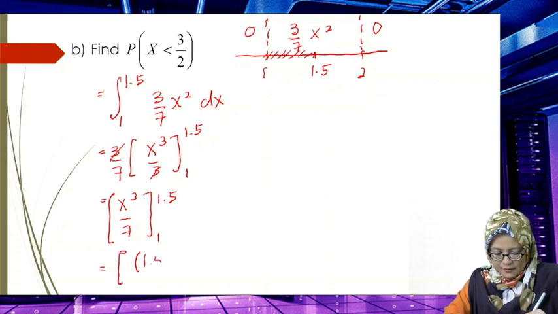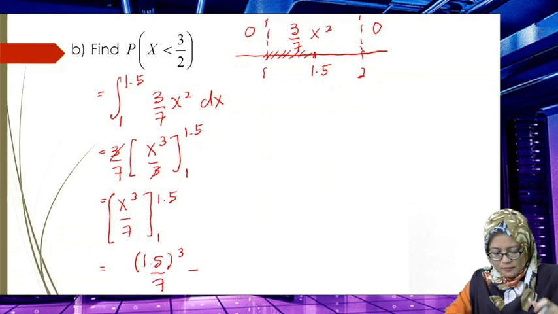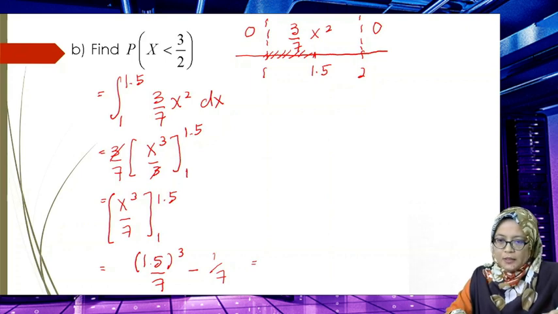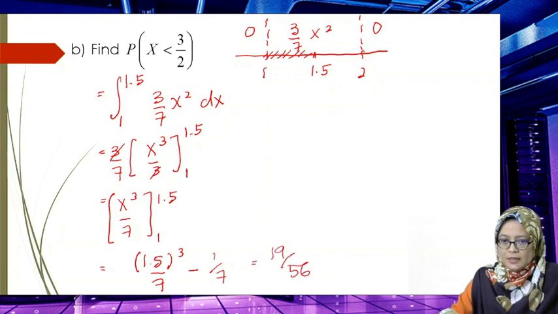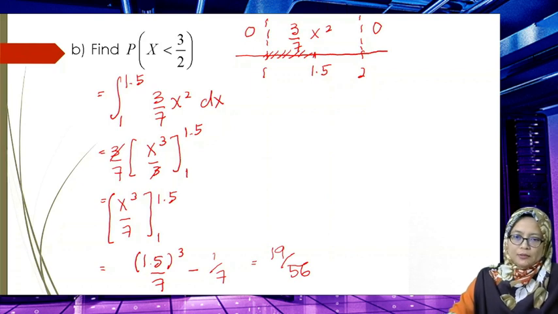So 1.5 cube over 7 minus 1 over 7. Okay, so daripada sini kita akan dapat dia punya value for this probability is 19 over 56. Ataupun awak boleh bagi dalam bentuk desimal yang equivalent dengan nilai ni lah.